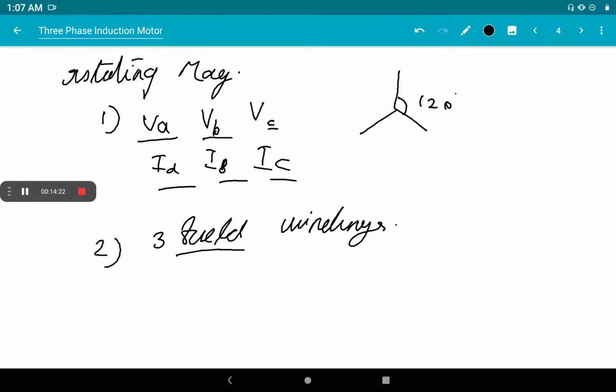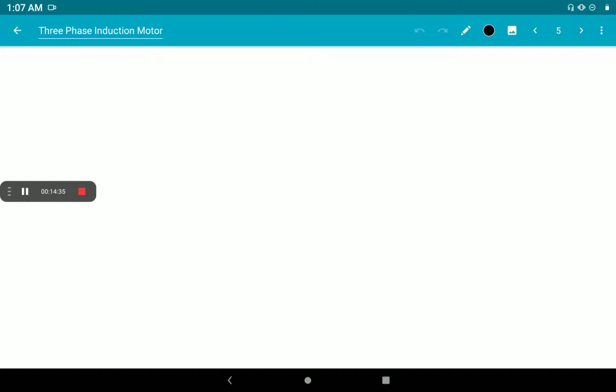Okay, and three field windings should be there, and that field winding should be placed in such a way that they are at a 120 degree phase difference apart. How can we place the field windings 120 degrees apart? We just place the poles like this.